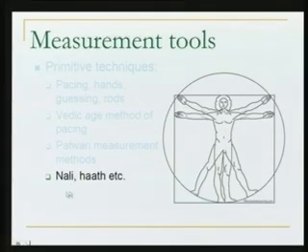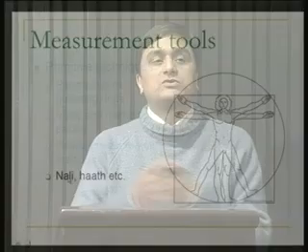Then if you go further into the villages, people still measure their land, the area, using, for example, the nali and hath. These terms may differ. I am writing nali and hath because in the area I belong to, people use this. They say, okay, this particular area is 1 nali or 2 nali, that kind of thing. Now how is it related with the area of the ground?